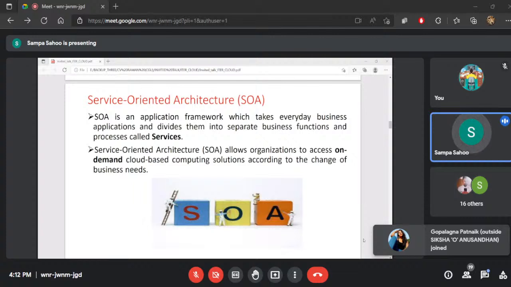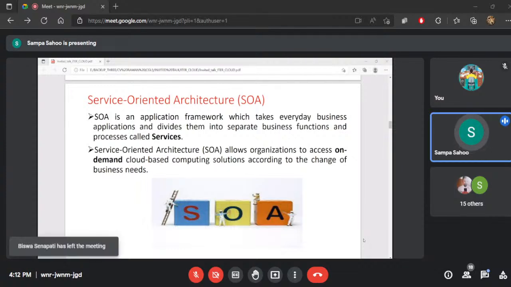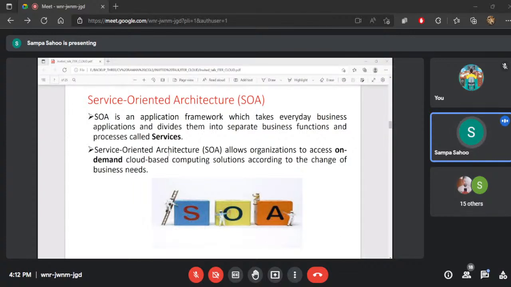So in cloud, we often hear people say this is a cloud service. There is a particular cloud service for networking, or entertainment, and for storage, Amazon S3 is there, like that.